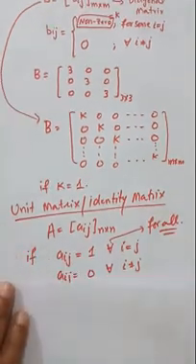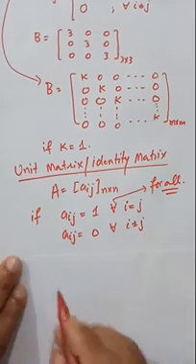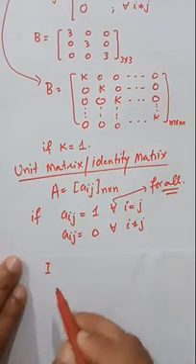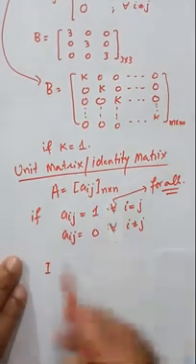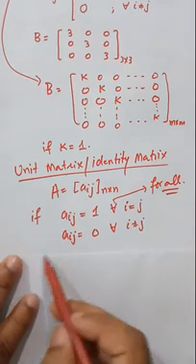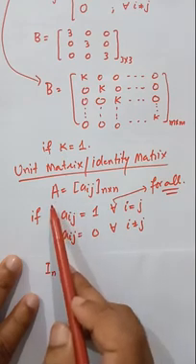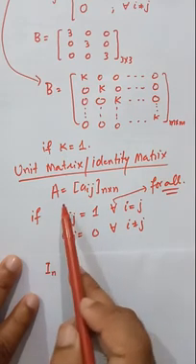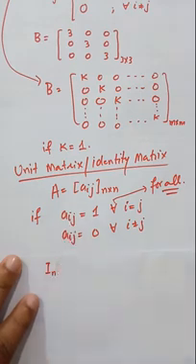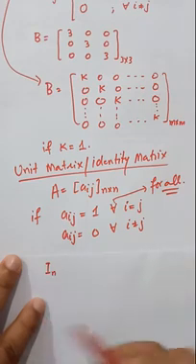Remember, unit matrices are usually denoted by capital I. If the order of that matrix is n, you write a small n. I denote a general matrix with a capital letter A, but there is a special notation for the unit matrix or identity matrix, which is capital I, and you may write I_n.